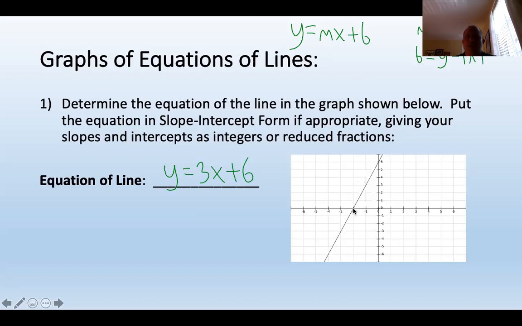If I take this point right here, and this point right here, -2, 0, if I go up 3, that would be a rise of 3. And then if I run +1, then I've basically got a slope of 3 over 1, which is just 3. So 3 can be substituted in for your m. And so your equation of the line would be y equals 3x plus 6.